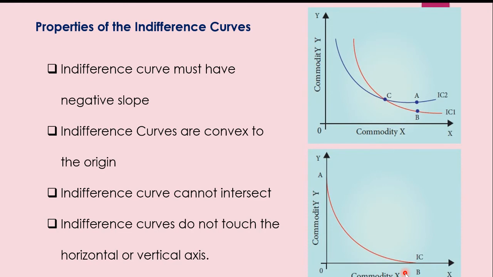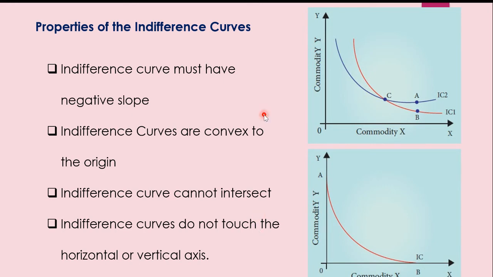So for every combination, the consumer buys two commodities, both apples as well as oranges. He does not consume only apple or only orange. He purchases a combination of both apples and oranges. So these are the properties of indifference curves.